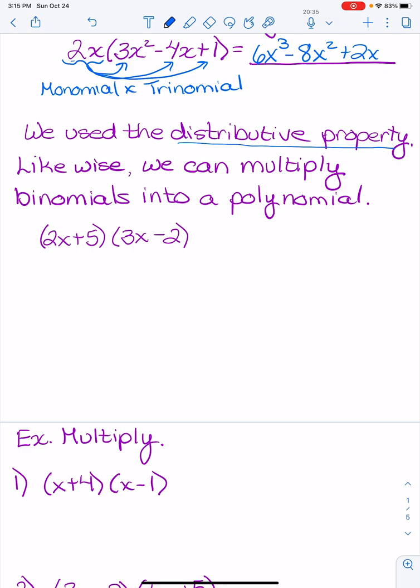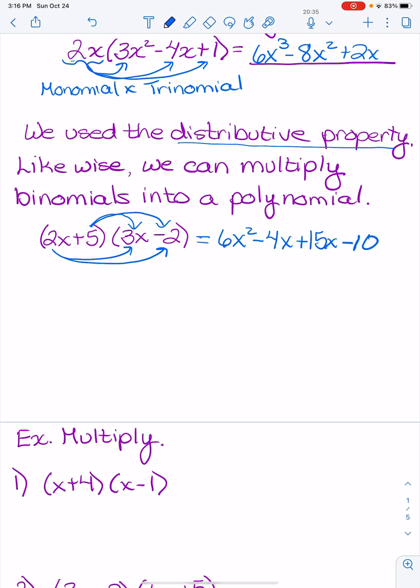So watch this. We're going to distribute the 2x to the 3x. 2x times 3x is 6x squared. 2x times negative 2 is negative 4x. 5 times 3x is plus 15x, and 5 times negative 2 is negative 10.